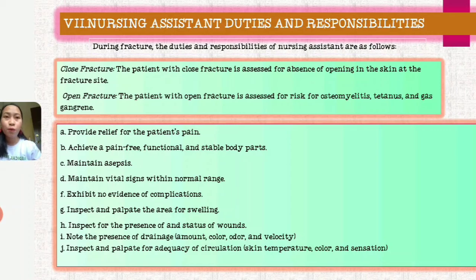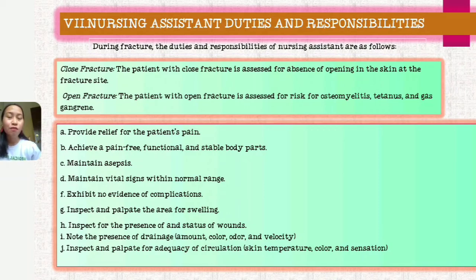So the overall nursing assistant duties and responsibilities: we can provide relief for the patient's pain. Even though they're going through pain, we can comfort them by talking to them, and sometimes through talking they forget the pain, and we give them assurance. Next is achieve pain-free, functional, and stable body parts.